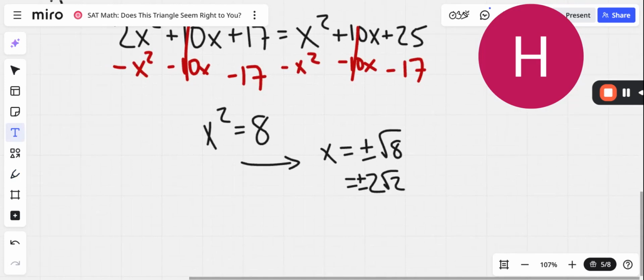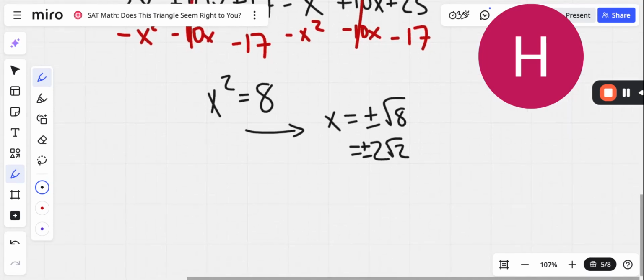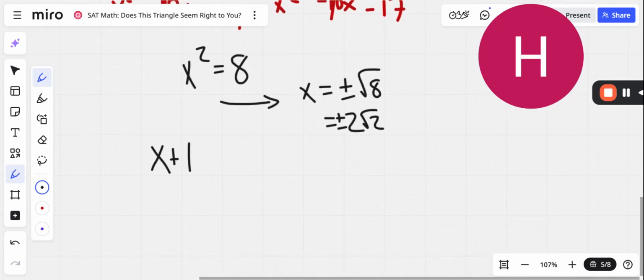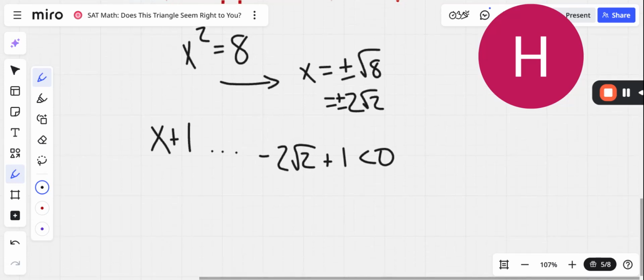But we have to do a reality check. Remember, we have to assume that this is true, but then we have to check to make sure it doesn't violate reality. Well, if one of the side lengths is x plus 1, we can't have negative 2 root 2 plus 1 as a side length. This is negative. We cannot have a negative side length.